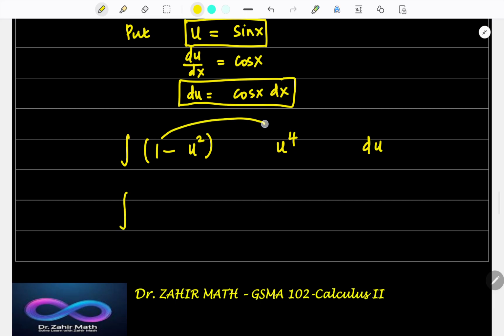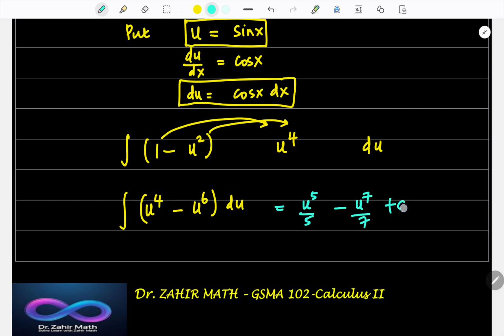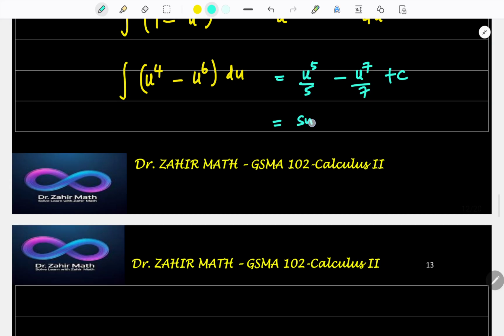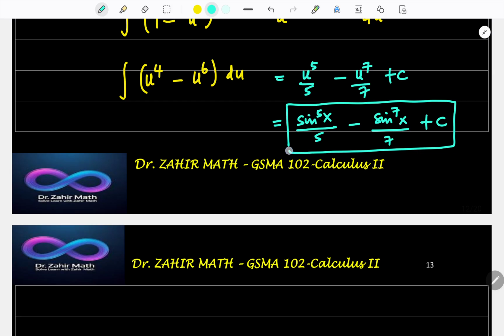So I just multiply: u⁴ minus u⁶ times du. So integration gives u⁵ divided by 5 minus u⁷ divided by 7 plus integrating constant c. What is your u? sin x. So this equals sin⁵x divided by 5 minus sin⁷x divided by 7 plus integrating constant c. So this is going to become your answer. Clear? Nice?